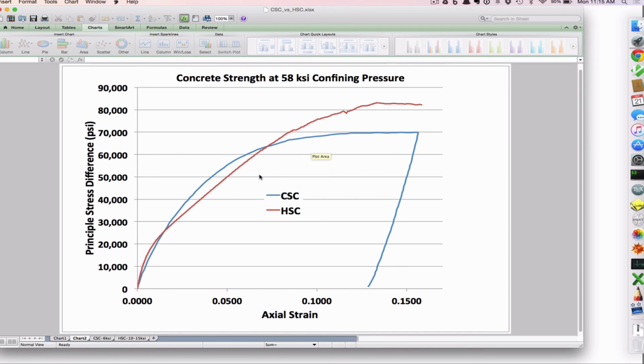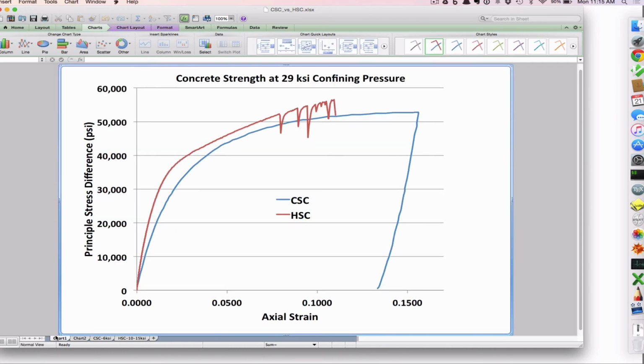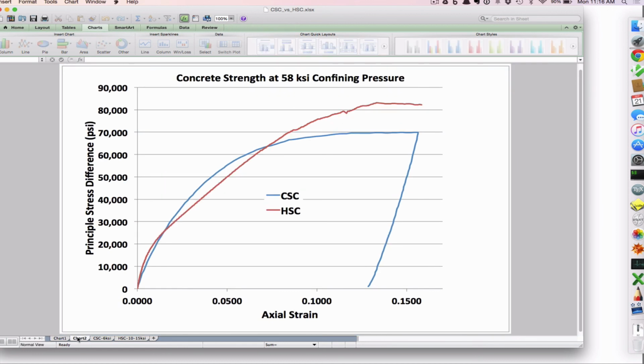So this was at 58 KSI confining pressure, and if you drop down to 29 KSI, you can see a pretty significant difference. You notice the material is at a maximum shear strength somewhere around 55,000 PSI, whereas here it's 70, 80, 90.